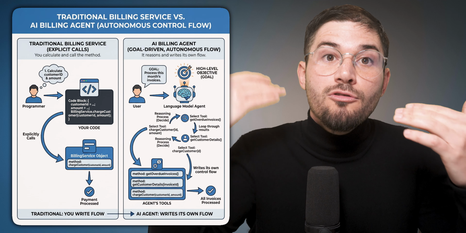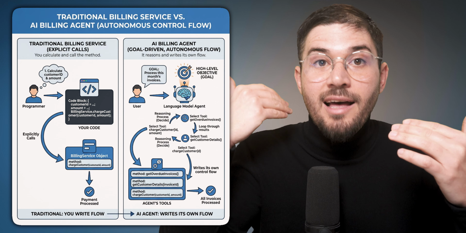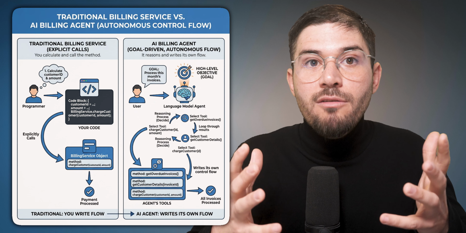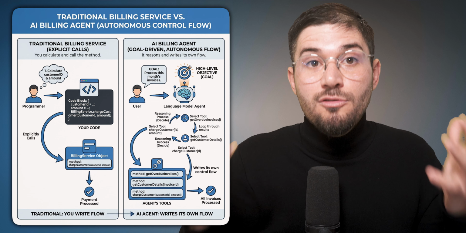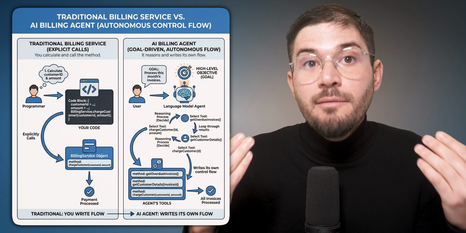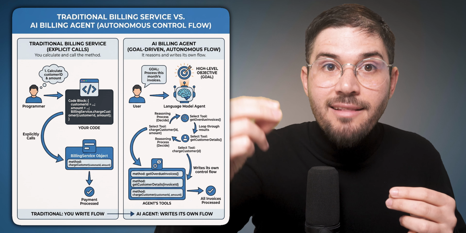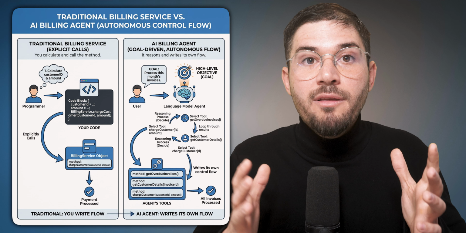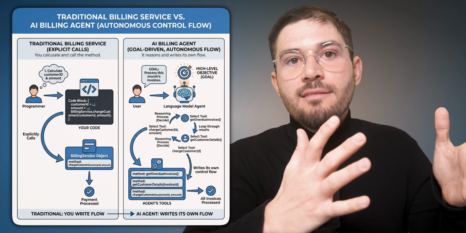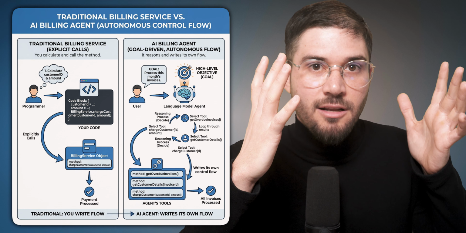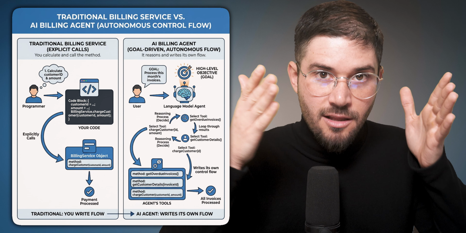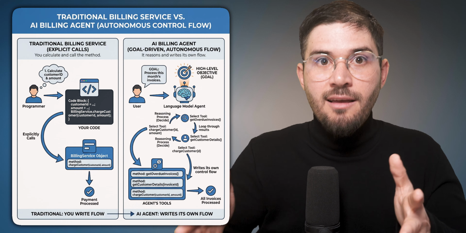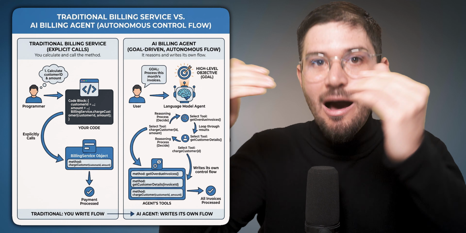It then loops through each invoice, uses a get customer details tool, and finally calls the charge customer tool with the correct parameters. It writes its own control flow. The pattern here is moving from imperative commands, like we have in traditional programming, that is like, okay, do this, to a declarative goal. Something like, okay, achieve this outcome.